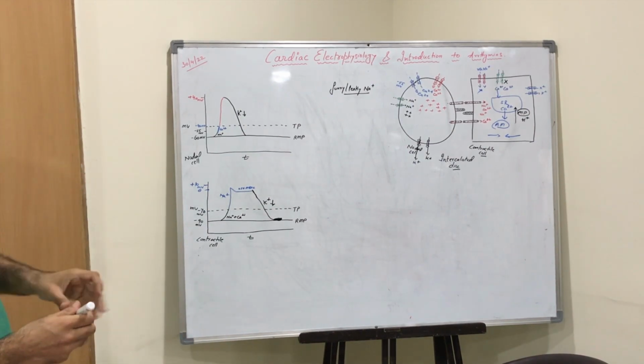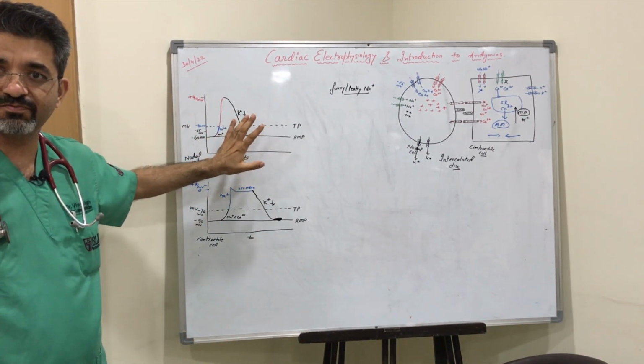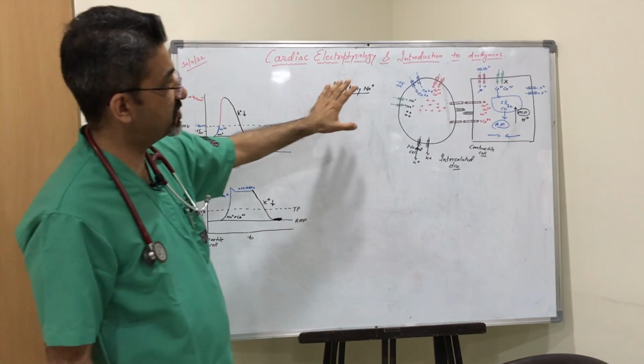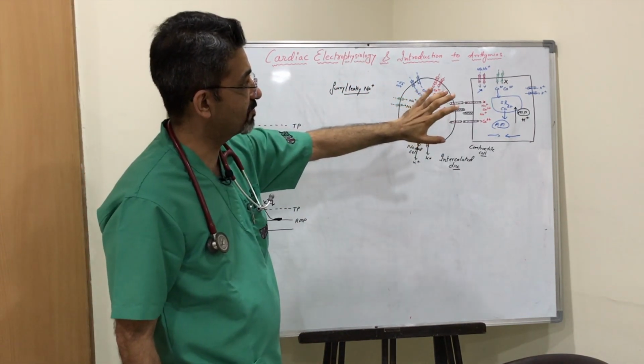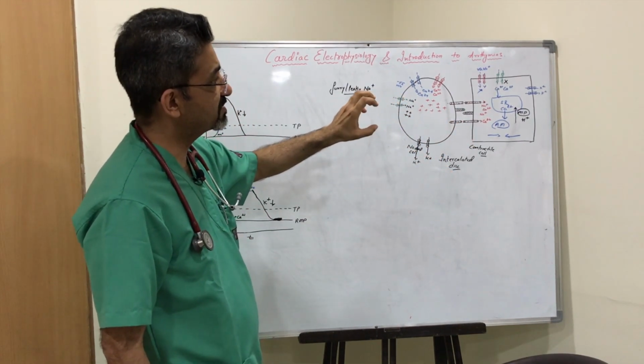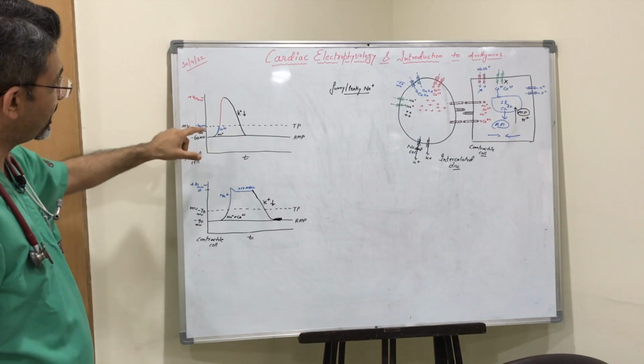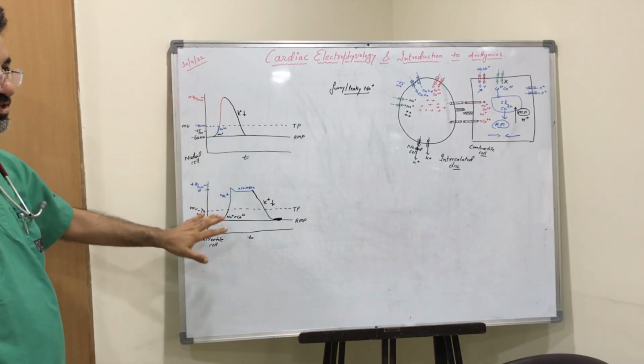I hope the basic fundamental point is clear: how the ion exchange takes place between the nodal cell and contractile cell, the basic mechanism of cardiac cell contraction, and how the action potentials are generated.